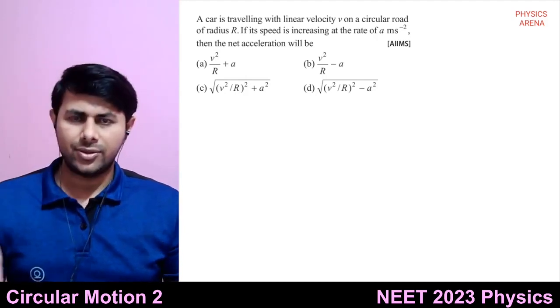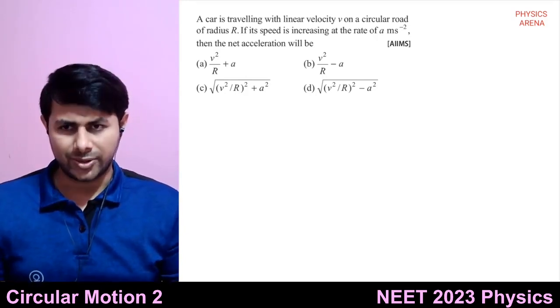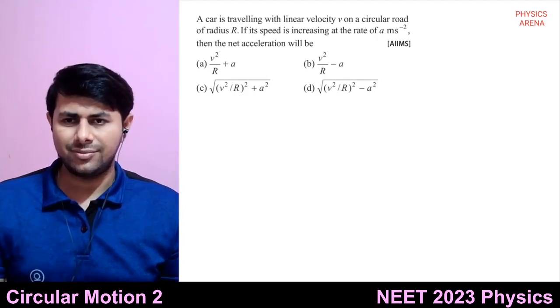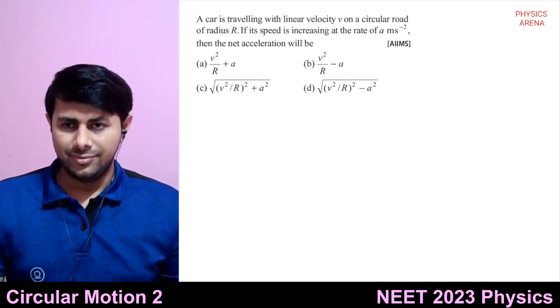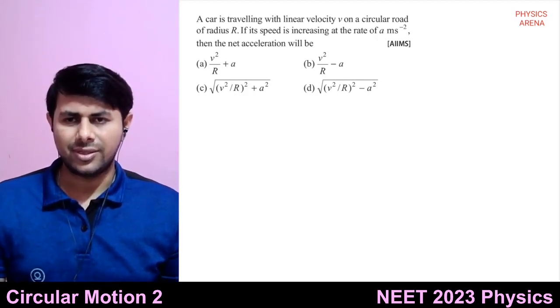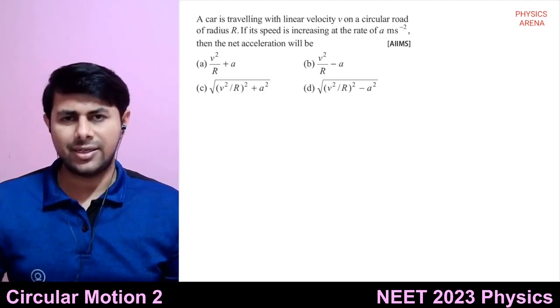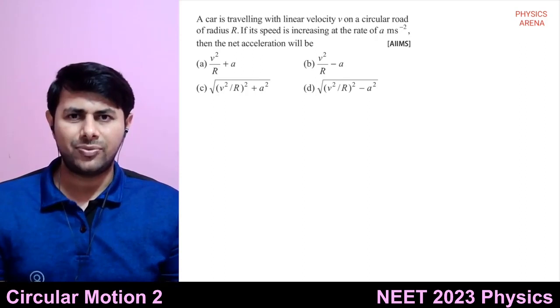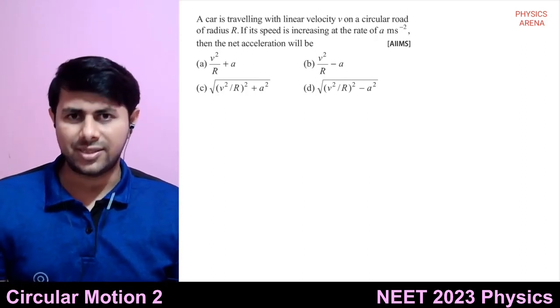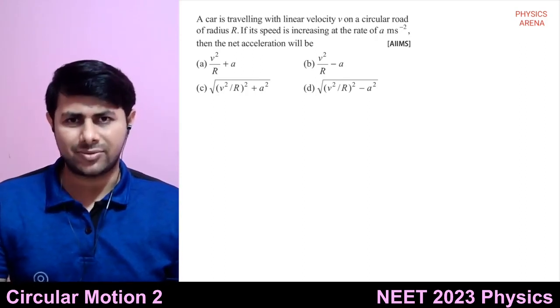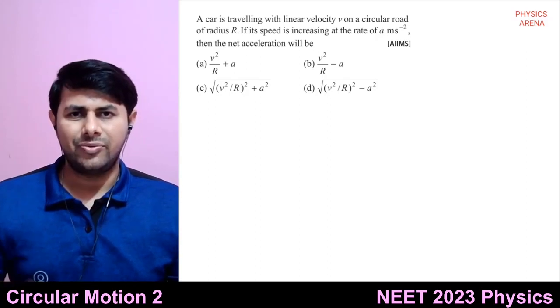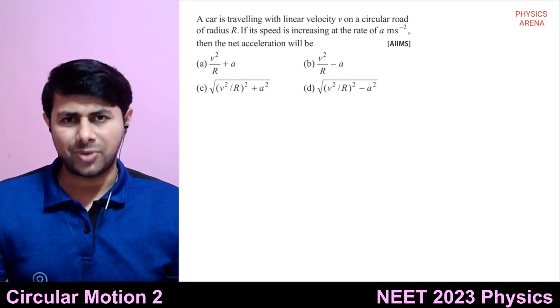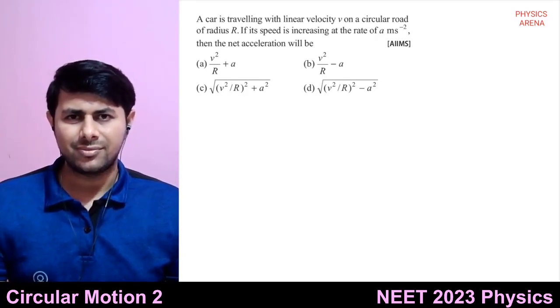Okay, so speed is the magnitude of velocity. You know this? And it is increasing at the rate of a meters per second squared. That means the magnitude of velocity is increasing at the rate of a meters per second squared. So which acceleration changes the magnitude of velocity? Tangential or centripetal?